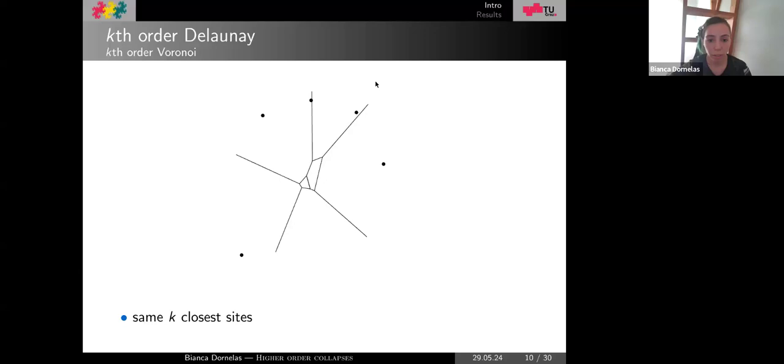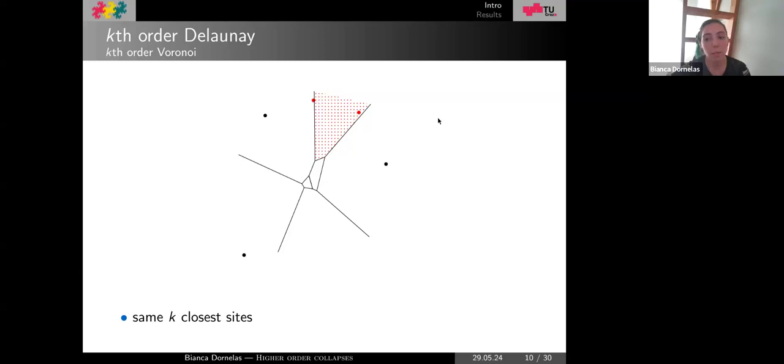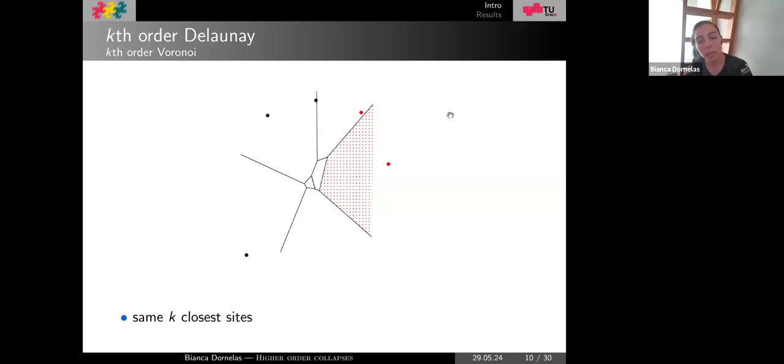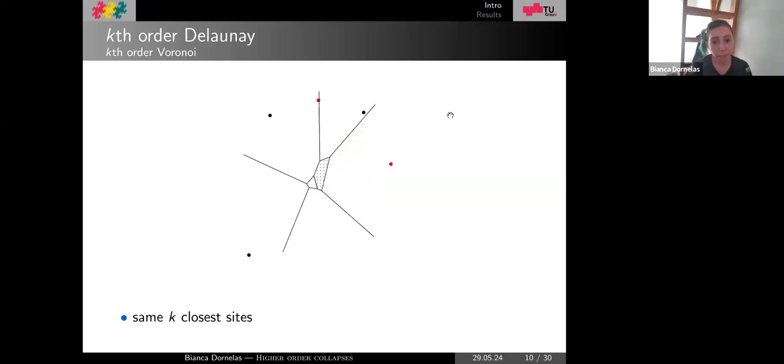Again, I will do an example for k equal 2. So we can see here that this region has these highlighted sites as the 2 closest ones. And then the rightmost region has these other 2 highlighted sites. And then there are these middle regions, for instance, that also have the highlighted sites as the 2 closest sites.